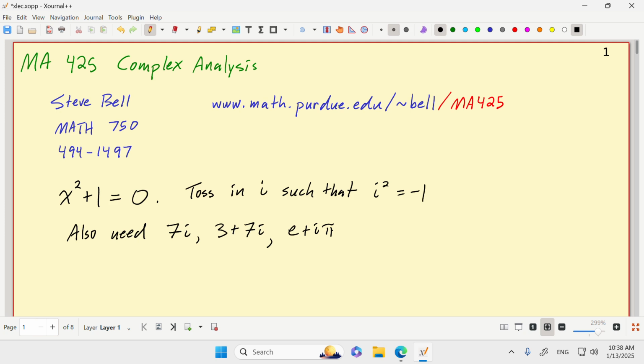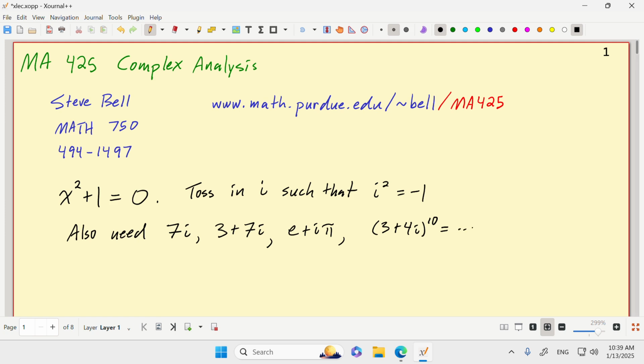So, in fact, if I had something like 3 plus 4i to the 10th power, you'd multiply that out like a polynomial, and then use the fact that all those powers of i simplify to either a real number or something times i.